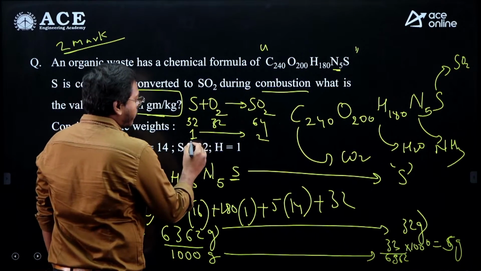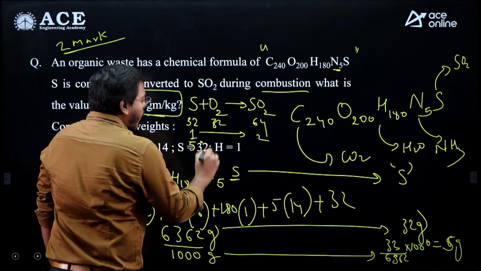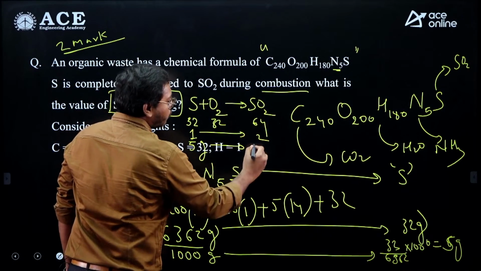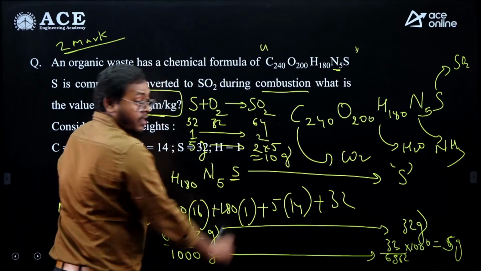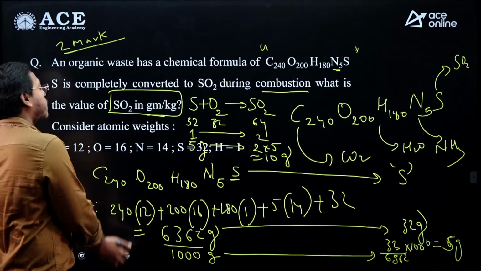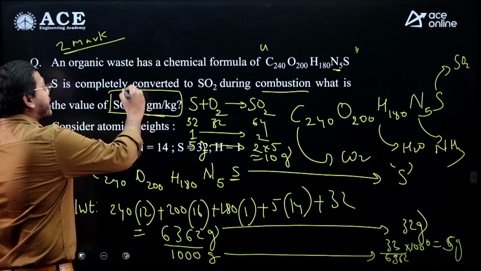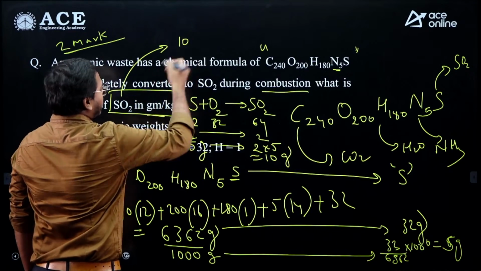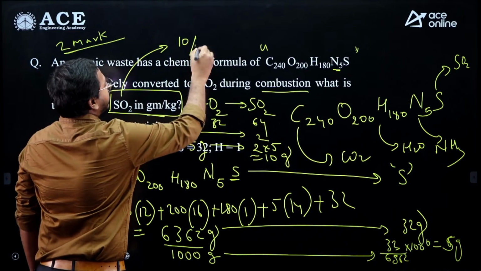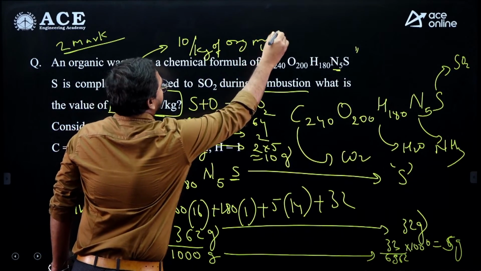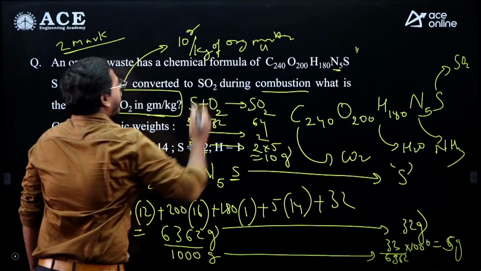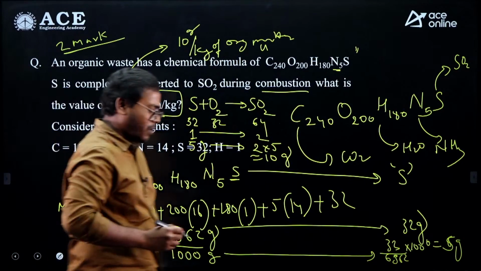If I have 5 grams sulfur, how many grams of SO2 will you get? 2 into 5, which is approximately 10 grams. I hope you are understanding. So the answer is, there will be 10 gram sulfur dioxide coming out per kg of organic matter. Very easy question, and you can easily score 2 marks from this question.